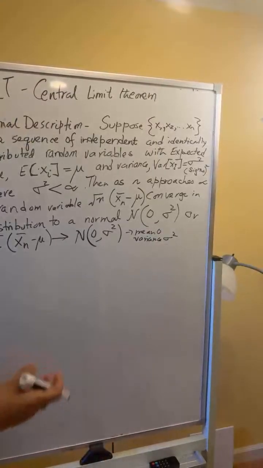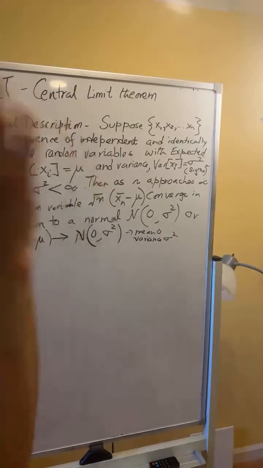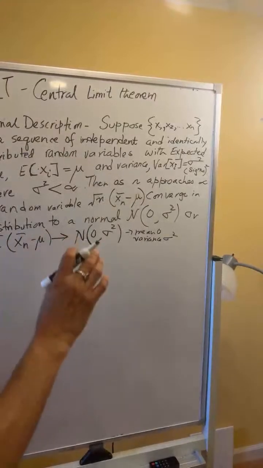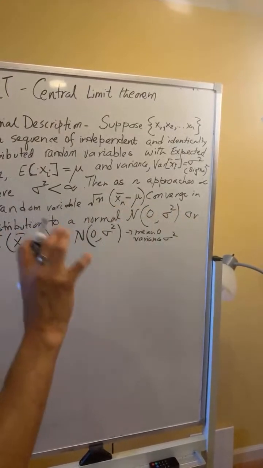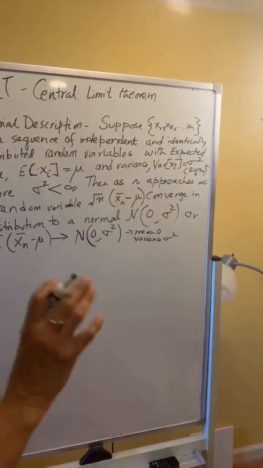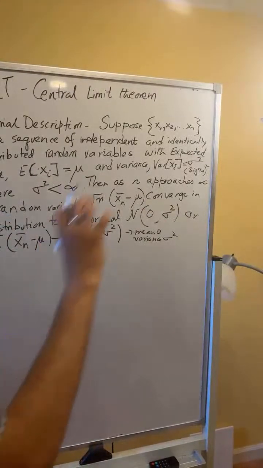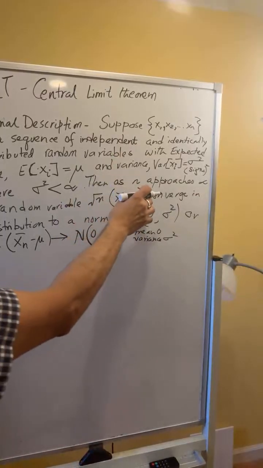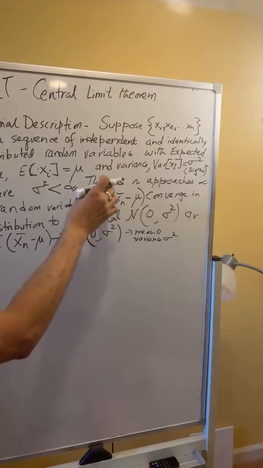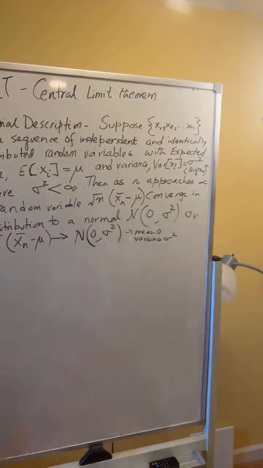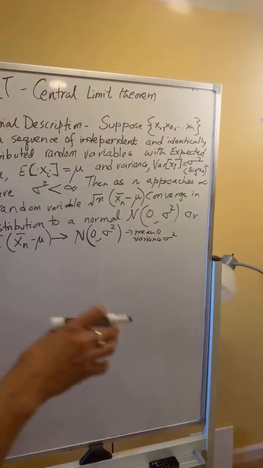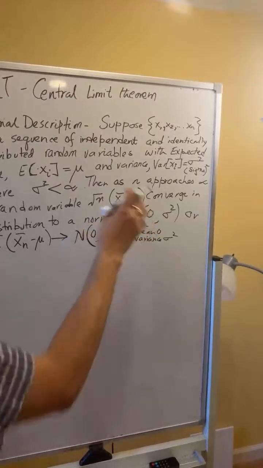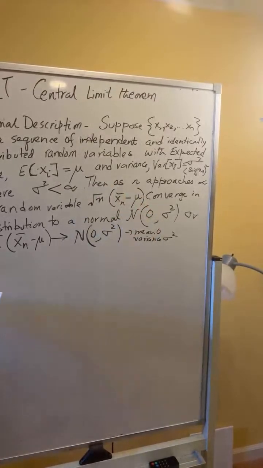So basically we are saying as the sample size becomes very large, then square root of n times the mean of the sample minus the mean of the population, that is the deviation of the sample mean from the population mean, multiplied by square root of the sample size, converges to a normal distribution with a mean of 0 and variance of sigma square. Okay, so this is the formal description.